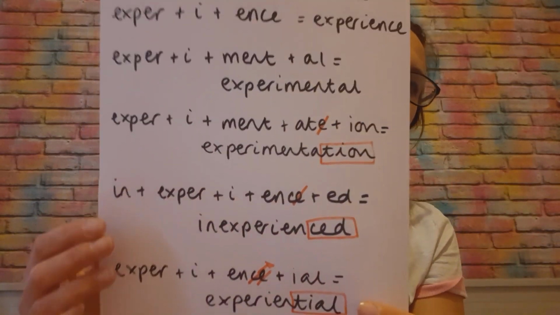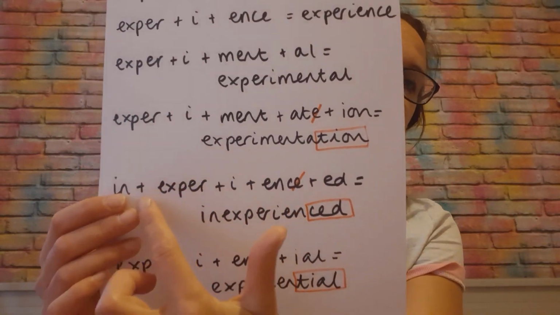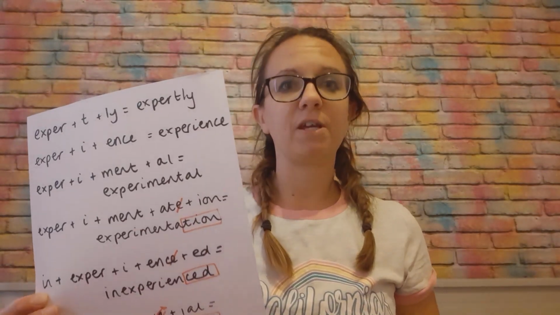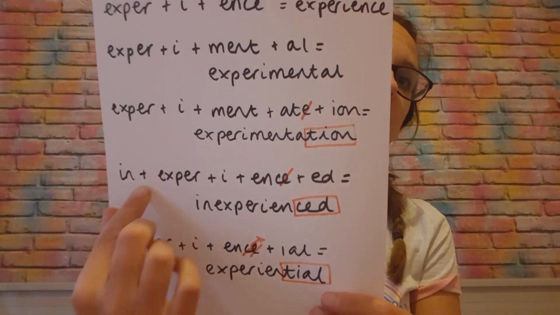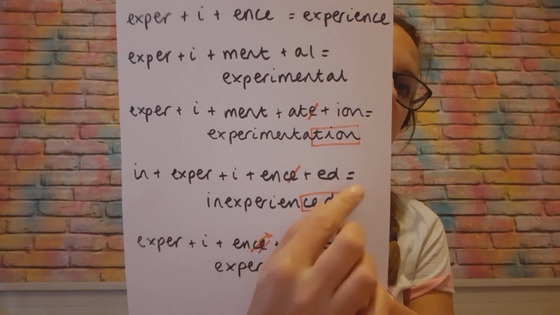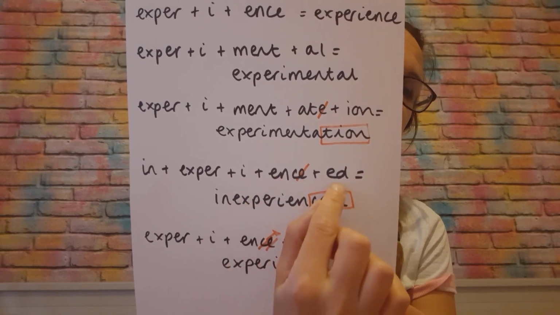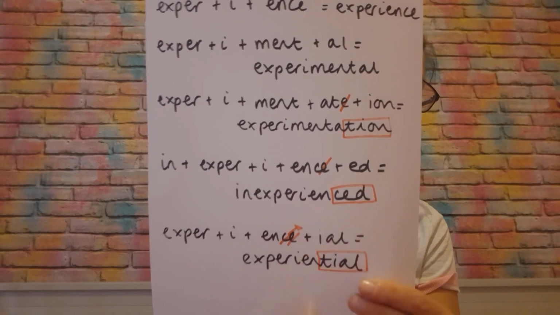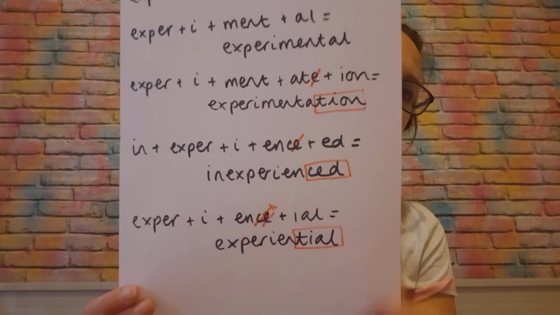Experimentation. Again, we talked about in meaning not. So inexperienced means you're not very experienced, so you haven't had lots of times of trying and testing it. Inexperienced: the E gets crossed out and the past tense ED is tacked on.